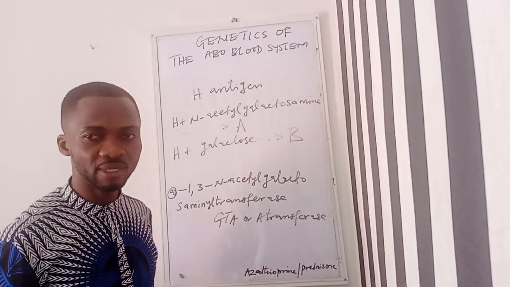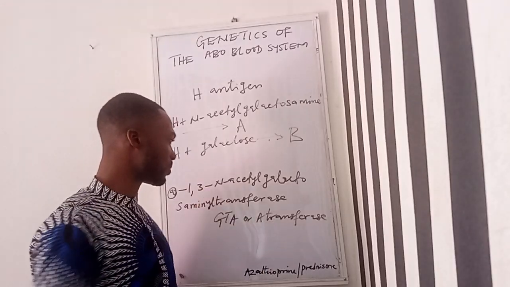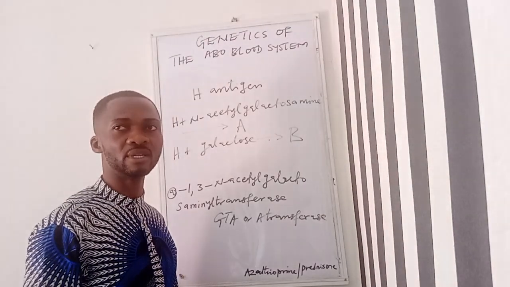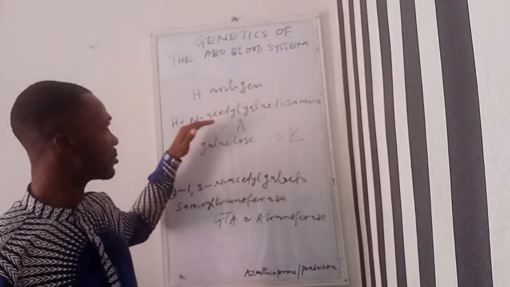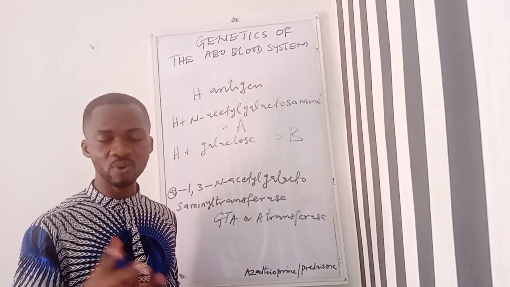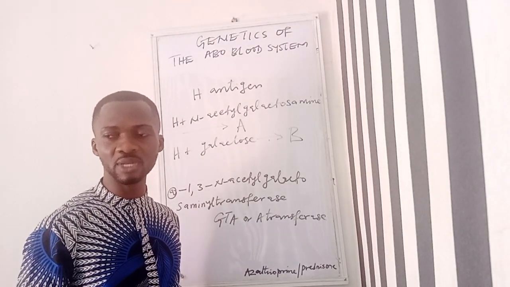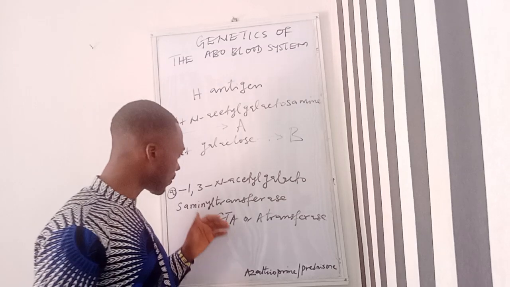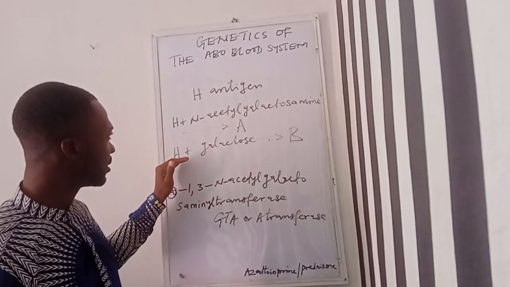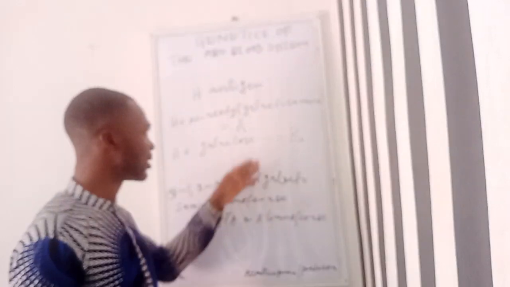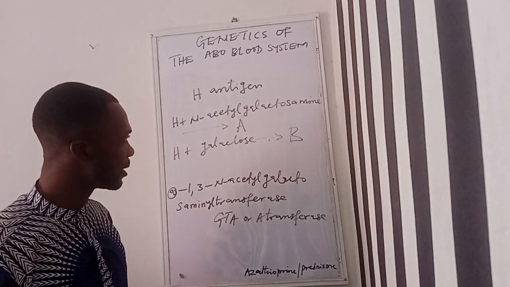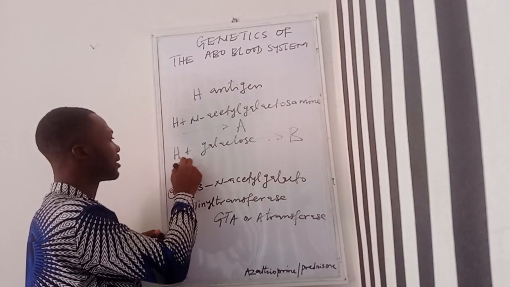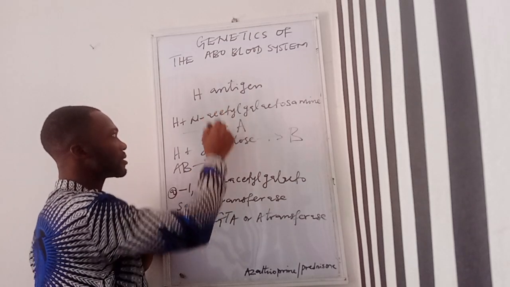So for an individual to have blood type A, it means that the enzyme I've mentioned, the GTA, adds N-acetylgalactosamine to the H antigen, the primary precursor. Once this happens, it results in the formation of blood type A, or antigen A. Then, if galactose is added to the H antigen, it results in the formation of blood type B. Blood type AB is a combination of the two.